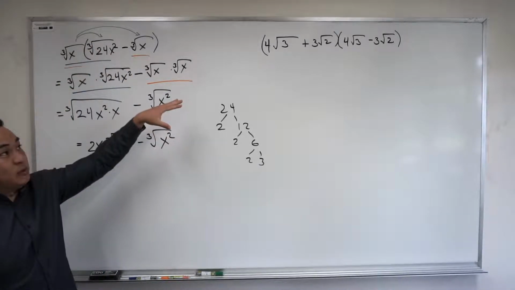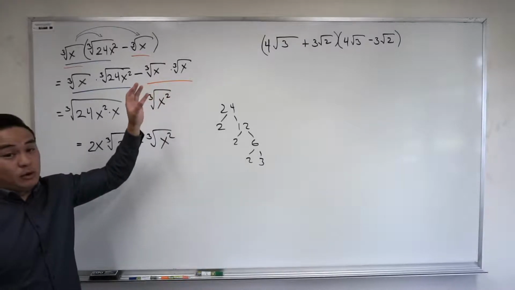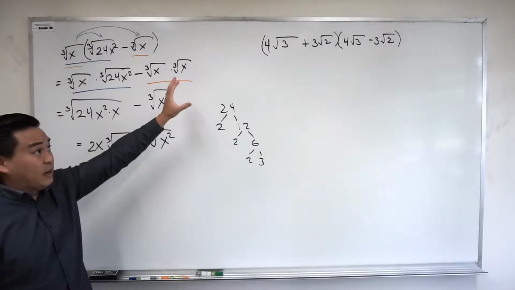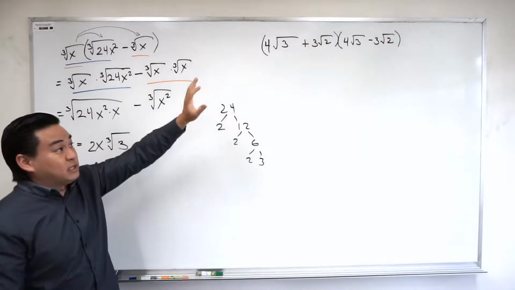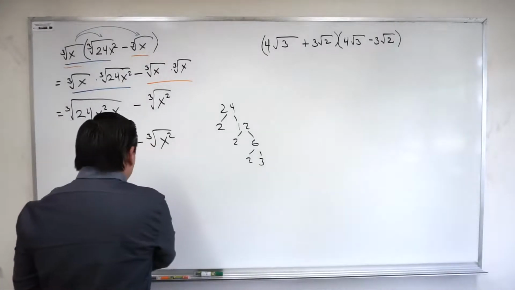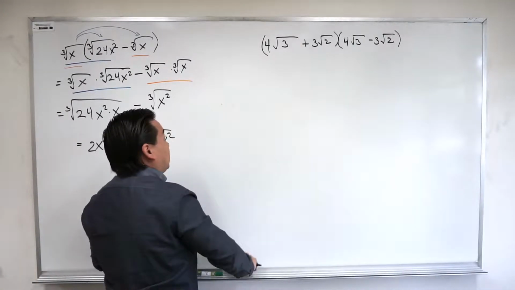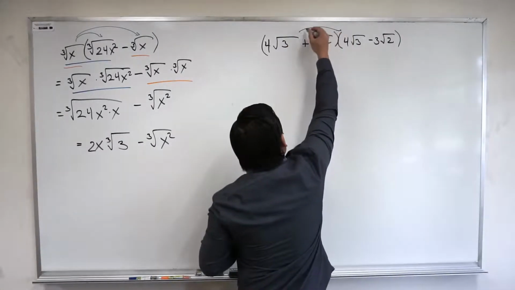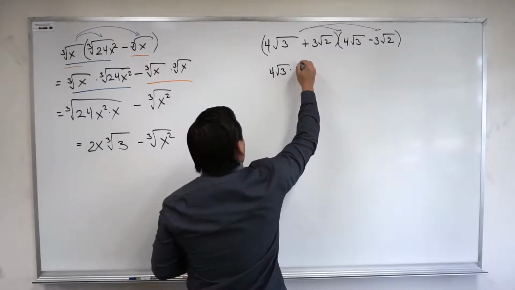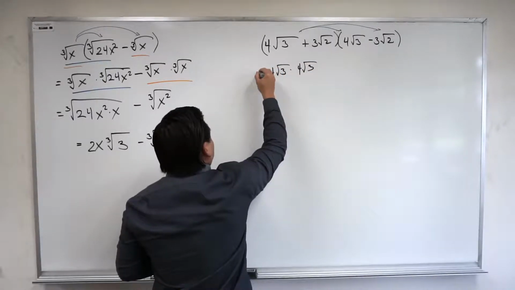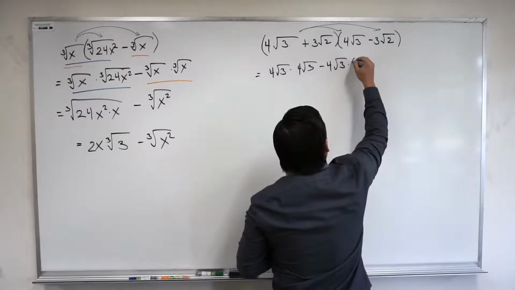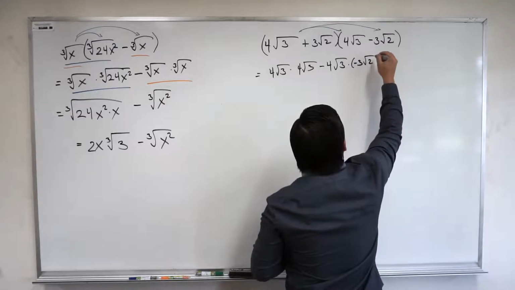So in the next one, right, we're going to do a similar problem, but where we only have numbers. And what we're going to do is distribute where we have a binomial in the first and then a binomial in the second. So let's do it the longhand way first. If we do the distribution, we get 4 root 3 times 4 root 3, minus 4 root 3 times negative 3 root 2.